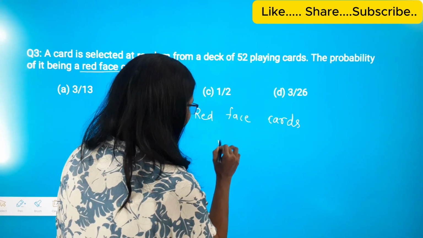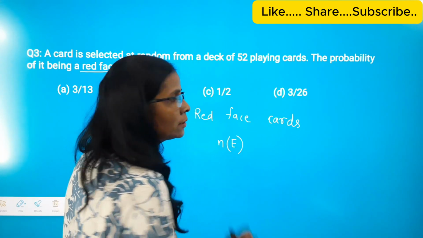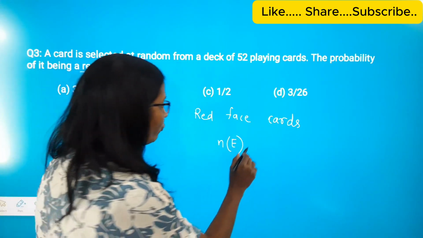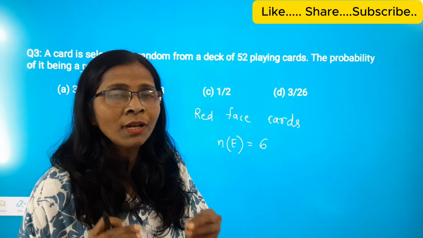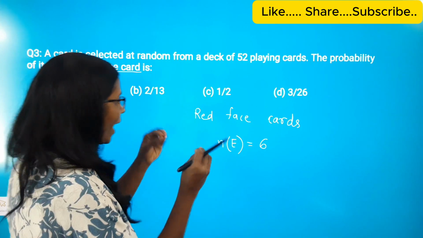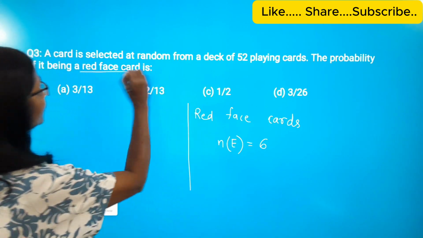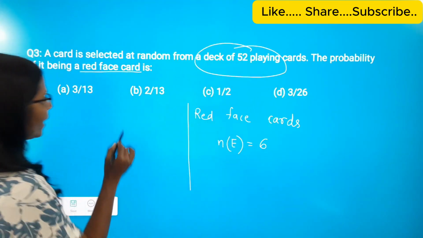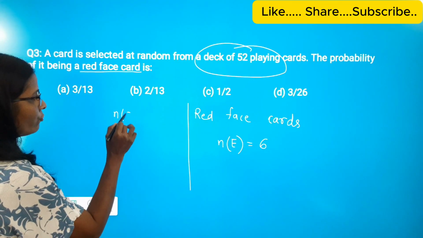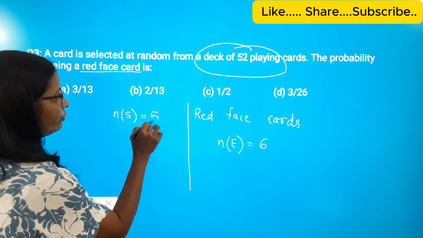So now here, consider the event E, and the n of E will be 6. Okay, there are 6 red face cards in total there, and a card is selected from a deck of 52 playing cards. That means the n of S is equal to 52.